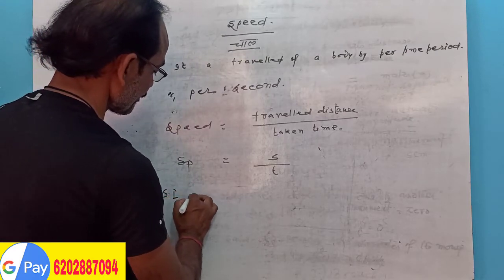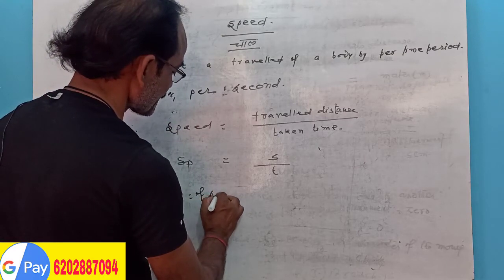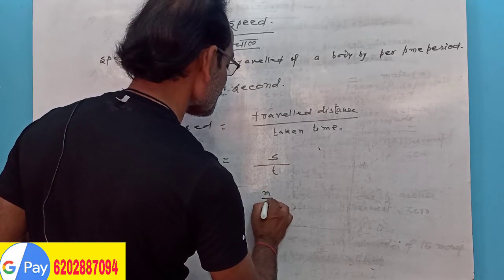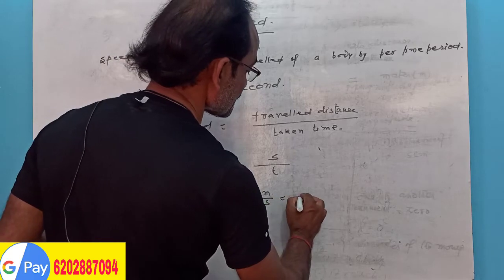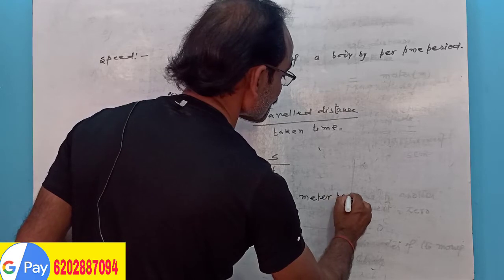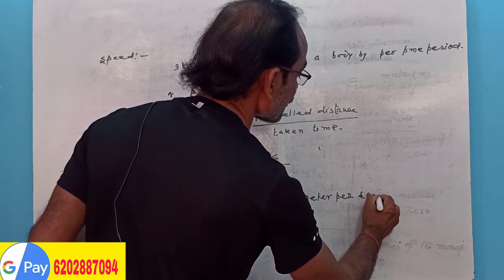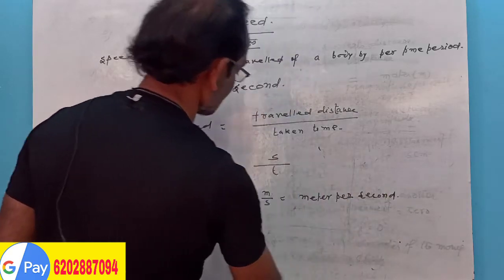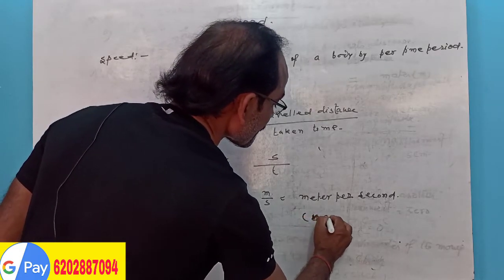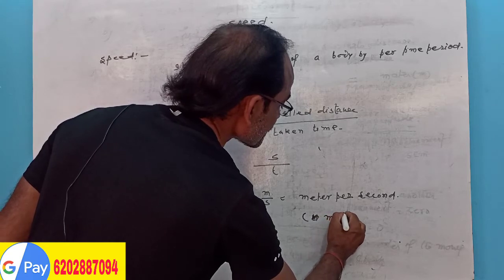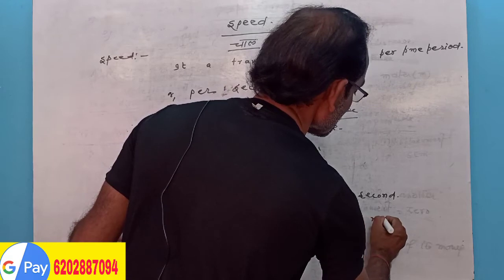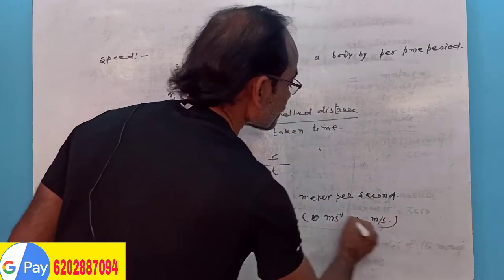The SI unit of speed equals meter by second, that is meter per second. It can be written as m s⁻¹ or m per second.